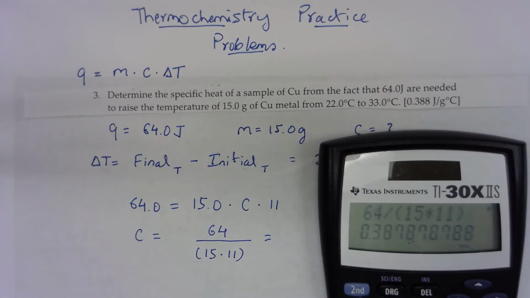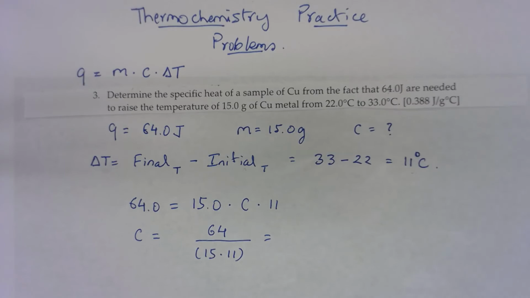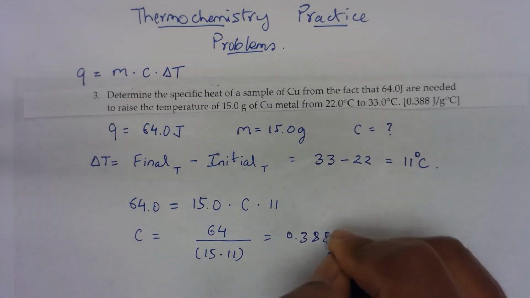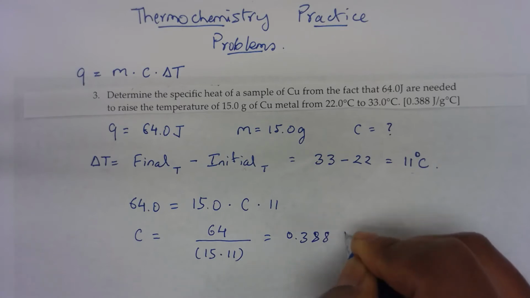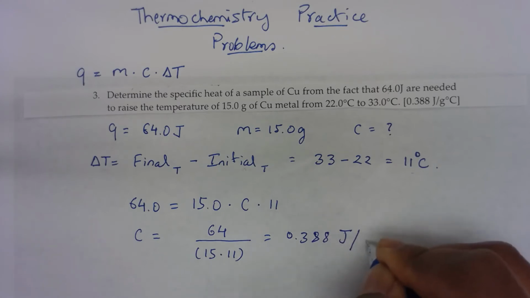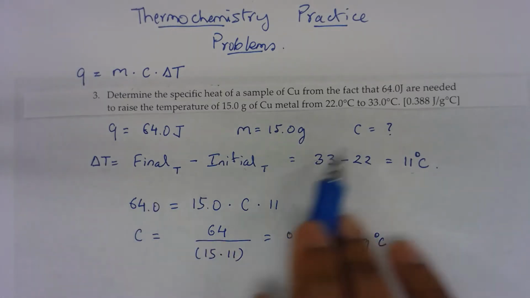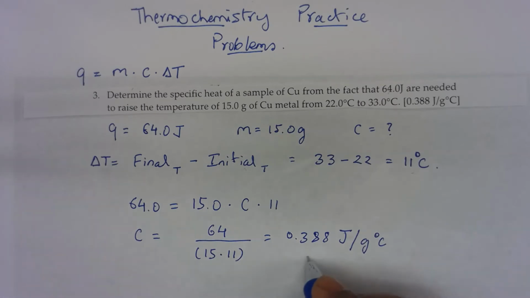And that gives me 0.388. Okay, so 0.388 joules per gram degree Celsius, because that is the unit of specific heat, C. Okay, so that is your answer.